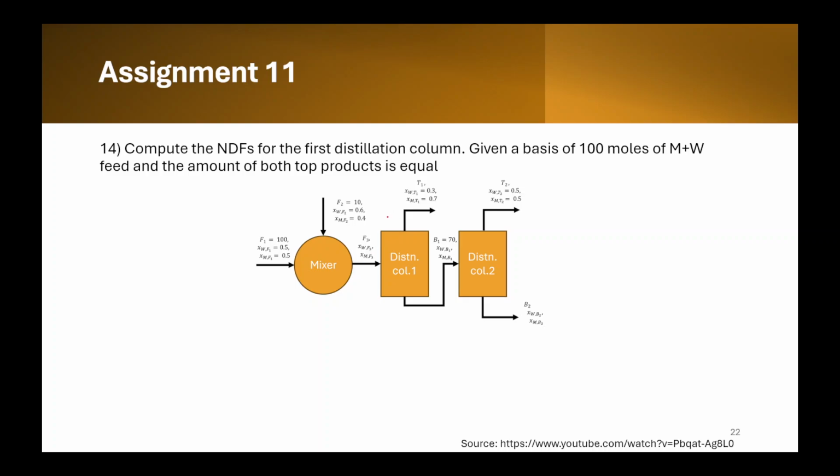So you see here, this is the first distillation column, and you draw the boundary to define your system because that is what your system is as per the given question. So again, you count the number of unknowns. So number of unknowns is 1, 2, 1, 2, 3, and 4. So four unknowns are there.